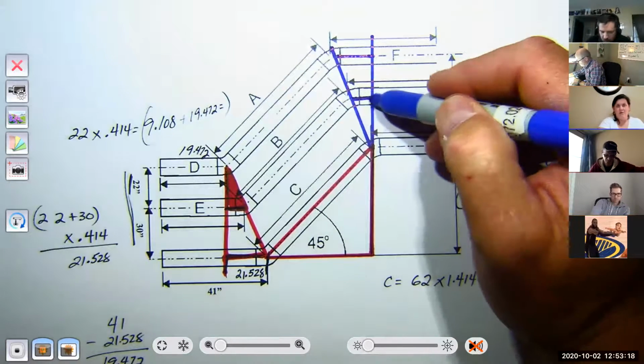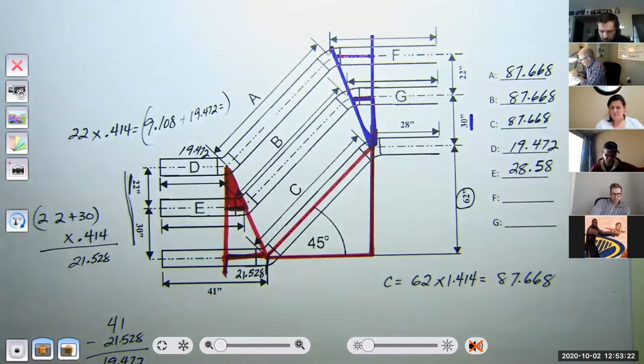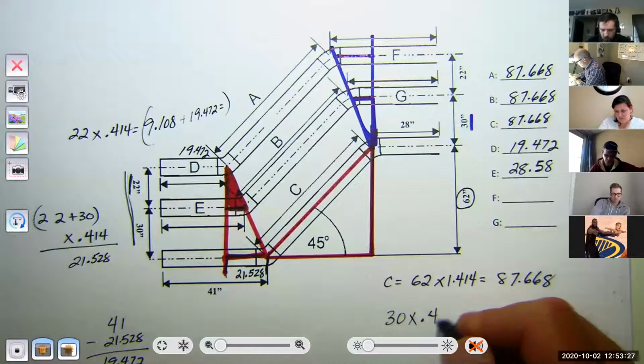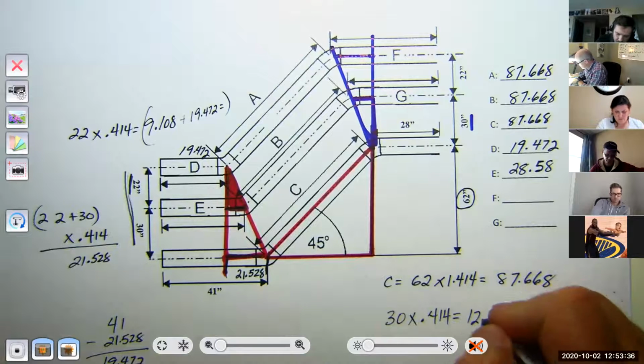There's my first one right here. So I take 30 times 0.414, which is equal to 12.42.